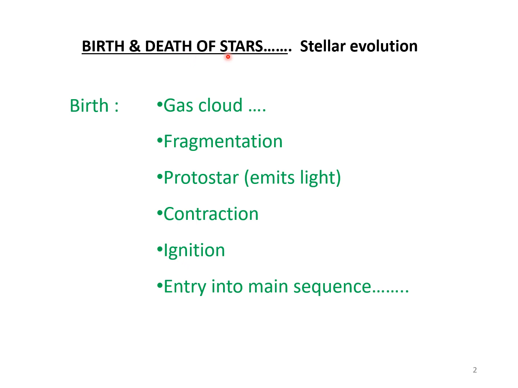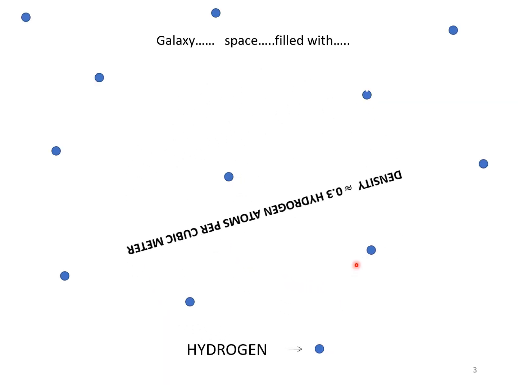We can say the different stages of a star are the formation of the gas cloud, fragmentation, protostar, contraction, ignition, entry into main sequence, and the further steps.